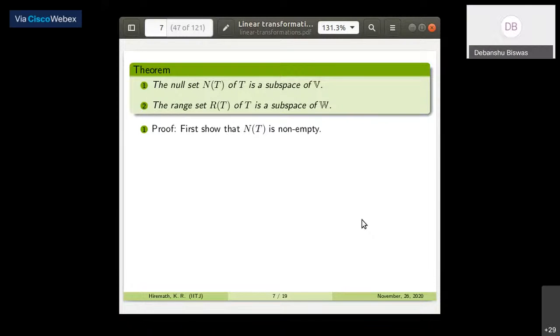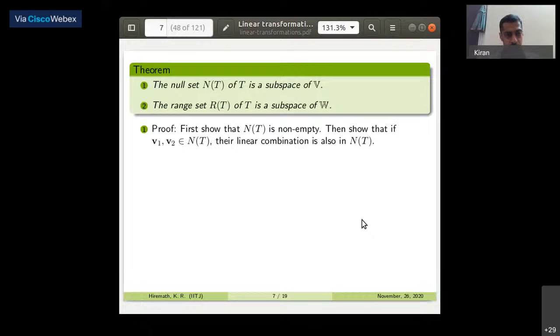Otherwise, it will not be a vector space. So we need to verify two things. First, whether the zero element belongs to that set or not. Second, whether the set is closed under scalar multiplication and vector addition defined on the mother space. That will give the proof of this.